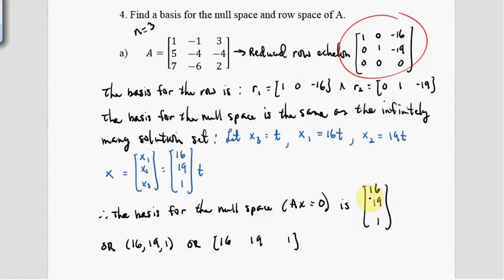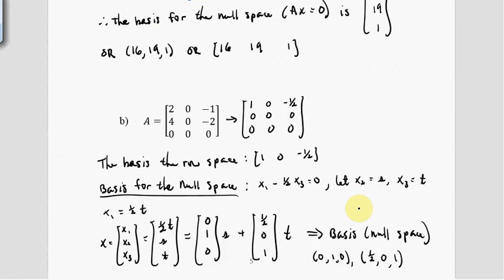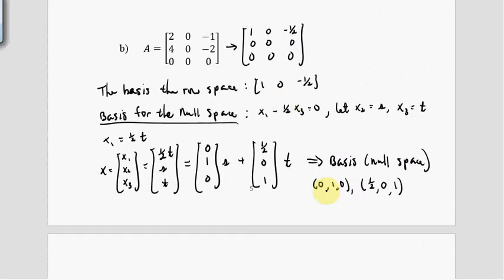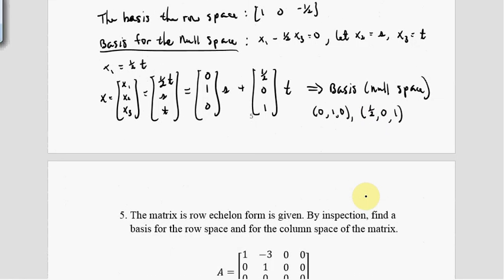So 2 plus 1 equals 3. For part B, we only had one vector that was a basis for the row space. So its rank would be 1, and then its nullity would be 2. We had 2 vectors for the basis for the null space.